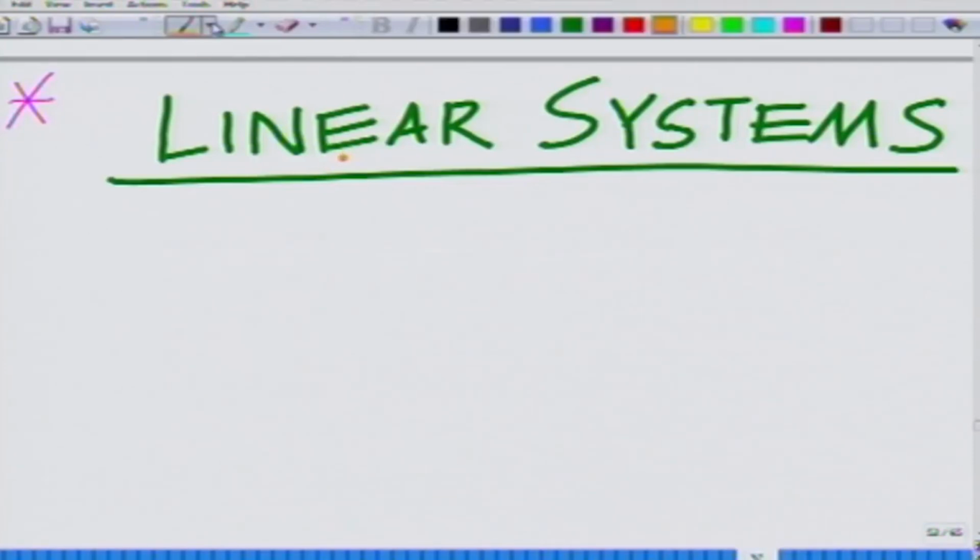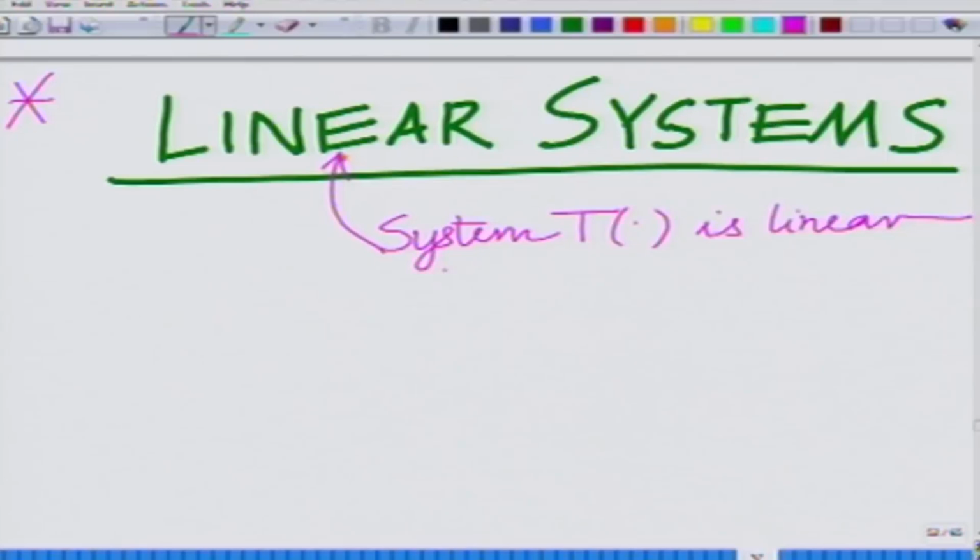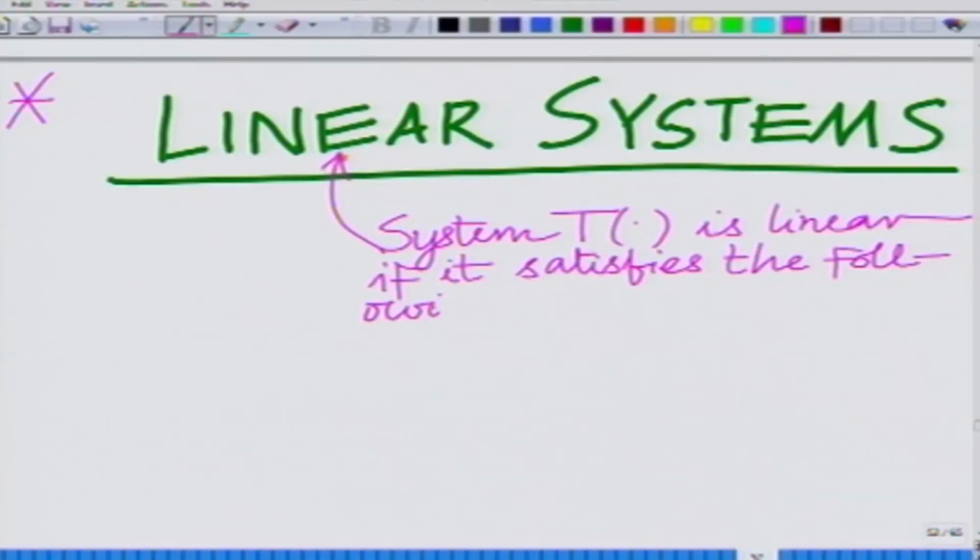Now the system T is linear if it satisfies the following properties.